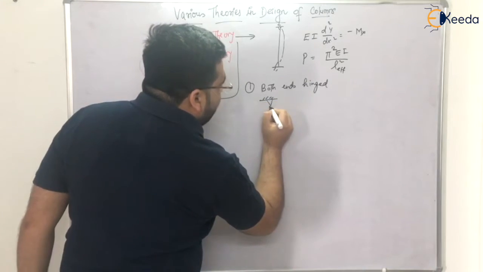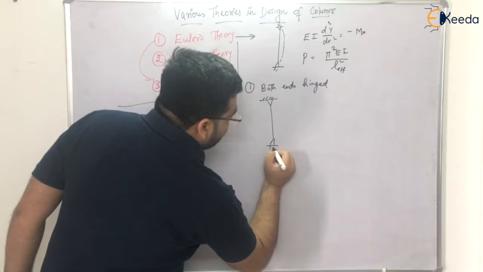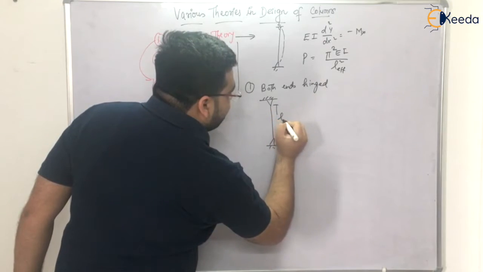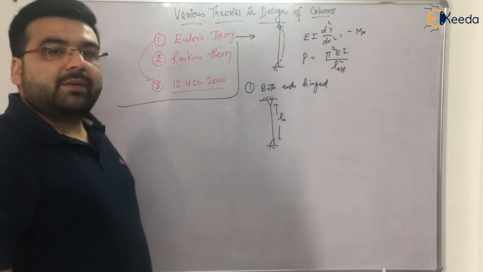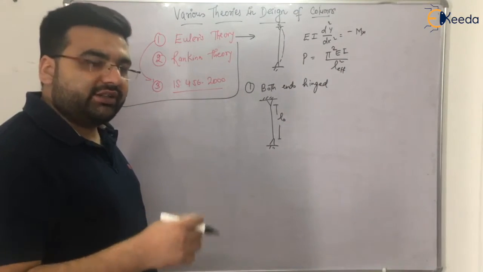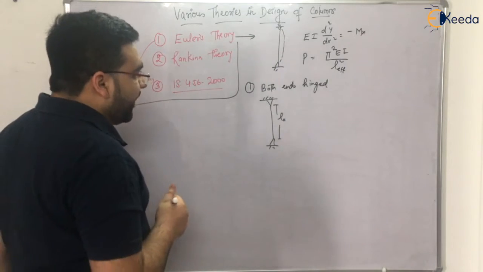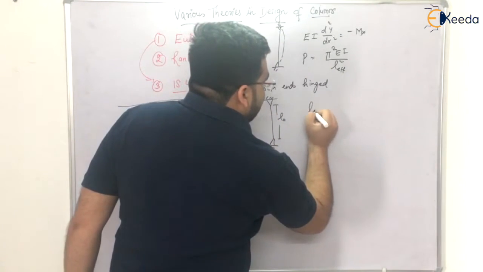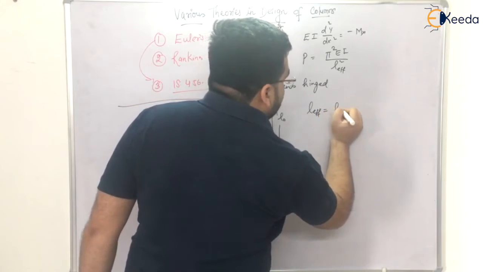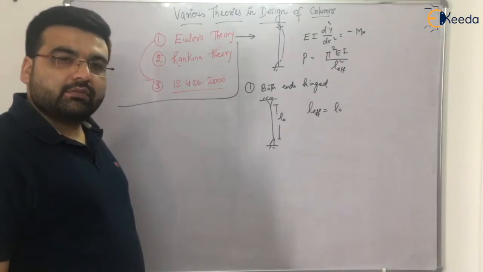If both ends are hinged, this is the unsupported length L naught. I told you the difference between the unsupported length and the supported length, or the clear span, right? Clear length, okay? Effective span. So if both ends are hinged, then L effective is equal to L naught. Clear?